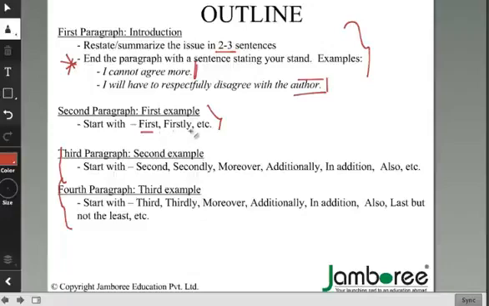Then in the next paragraph there should be a transition, so use transitional words such as second, secondly, moreover, additionally, in addition, also, etc. For the last point you can write last but not the least. These transition words at the beginning of the paragraphs are extremely important, right? You can then smoothly transition from one point to another.